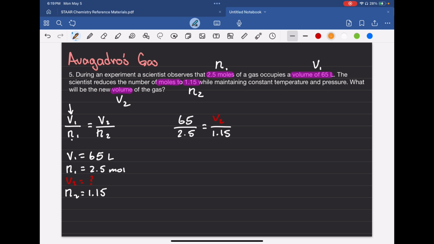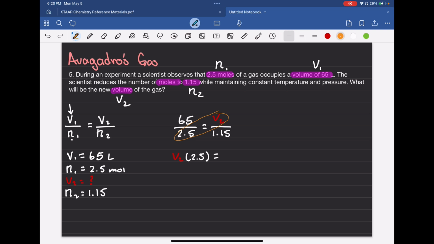Okay, so we have this set up once again. To solve this, we do cross multiplication, or our butterfly method, as some of you may know it. So we're going to multiply V2 times 2.5. That still equals V2 times 2.5.